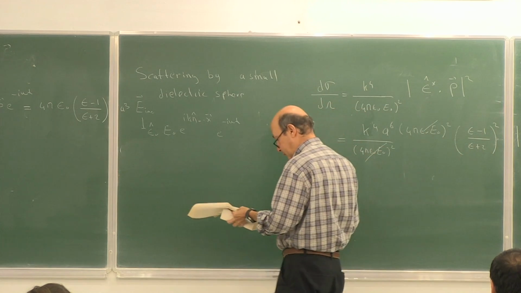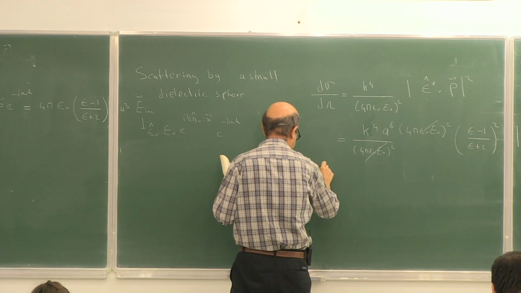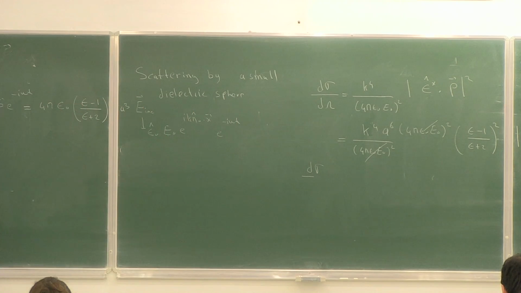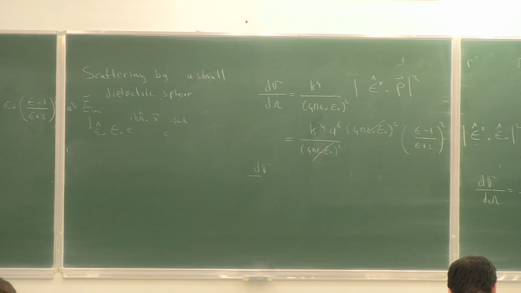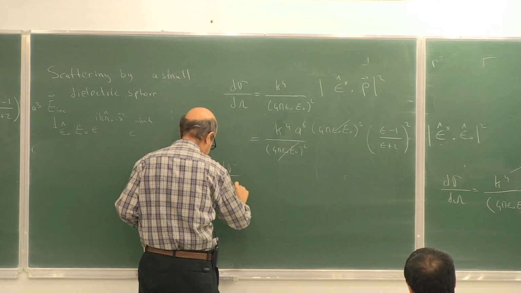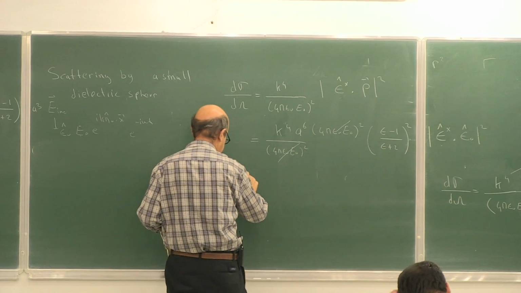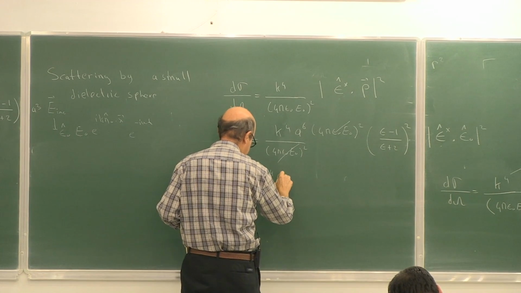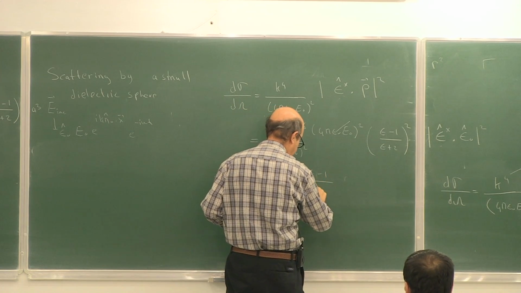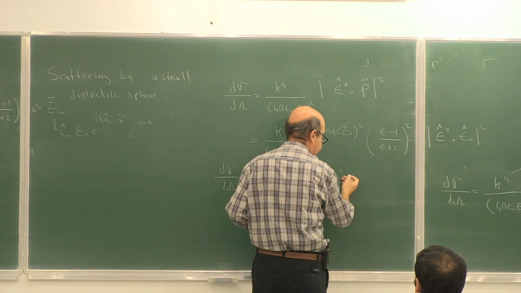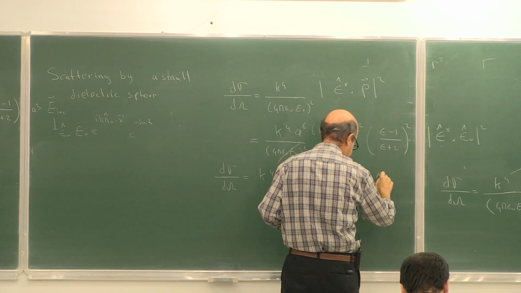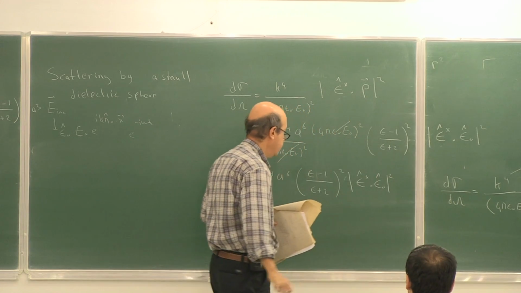So the bottom line, for an application of the scattering from a dielectric sphere, we will find a simple formula. Scattering cross-section per solid angle will be k to the 4, a to the 6, epsilon minus 1 over epsilon plus 2 square, polarization after the scattering, that product with the polarization before the scattering.